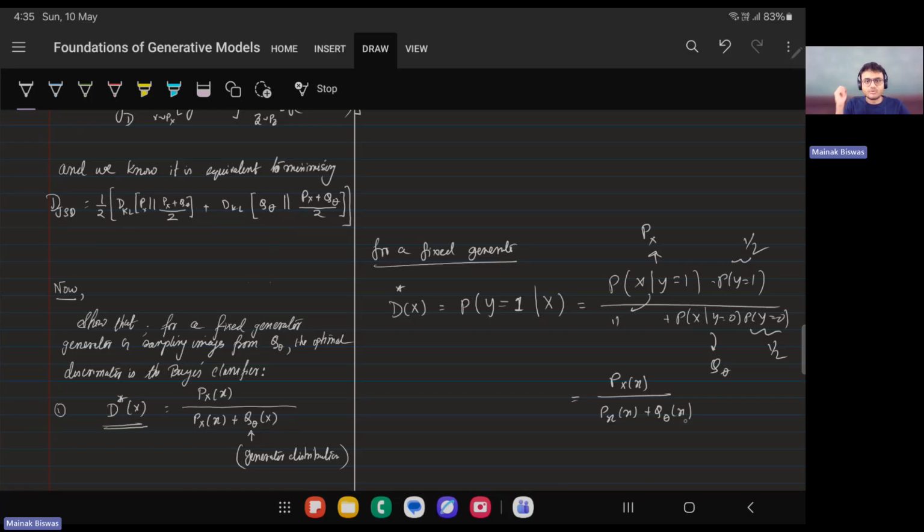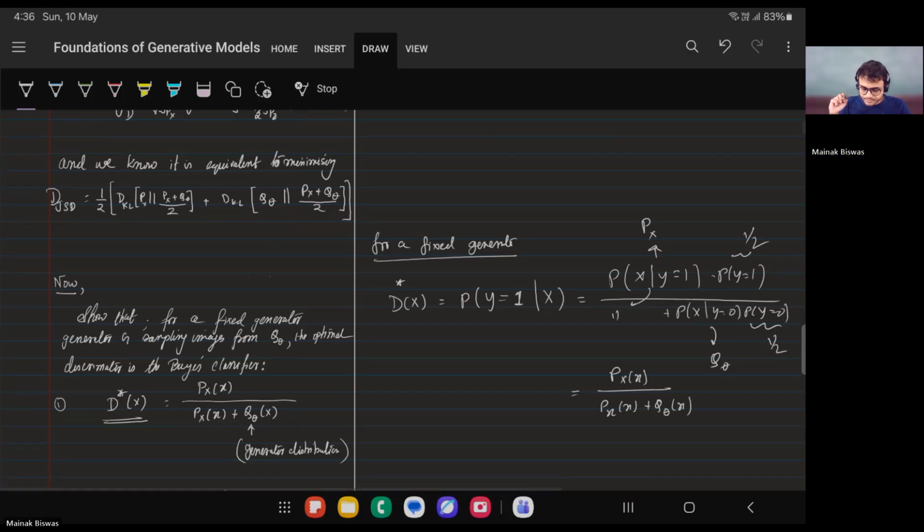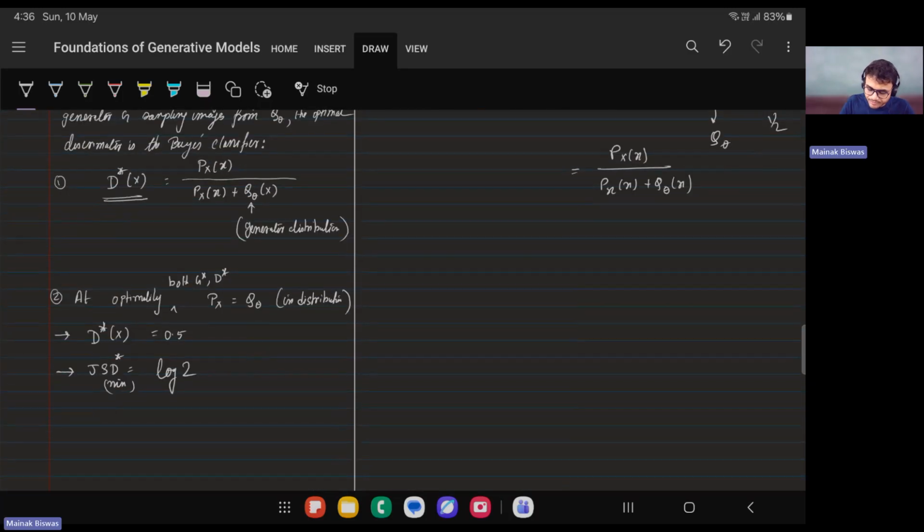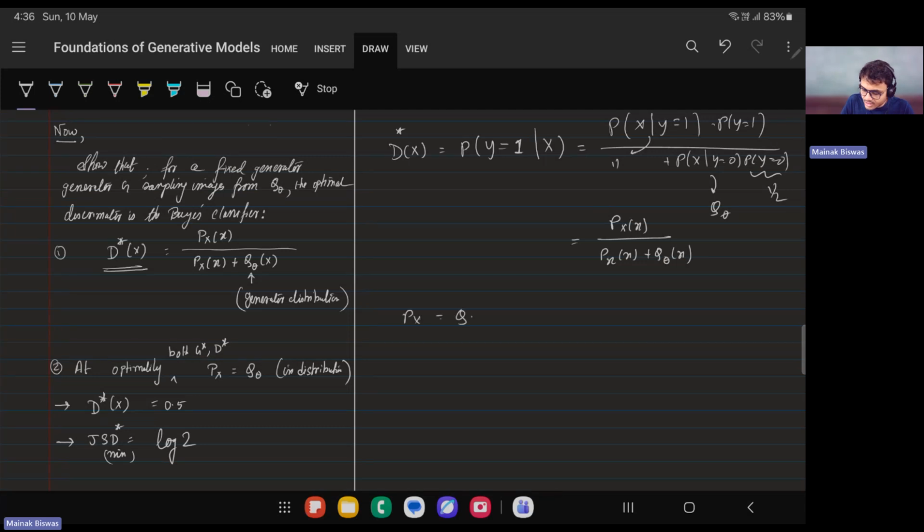This we have already shown for an optimal discriminator; it is always going to be in this form. And now at optimality, p_x equals q theta, and we have D star of x as p_x by p_x plus q_theta, which is equal to half.